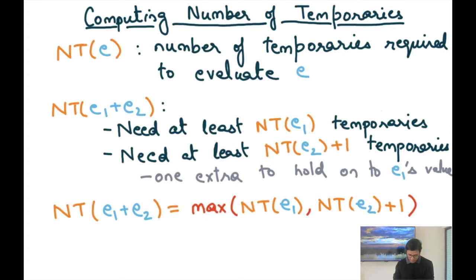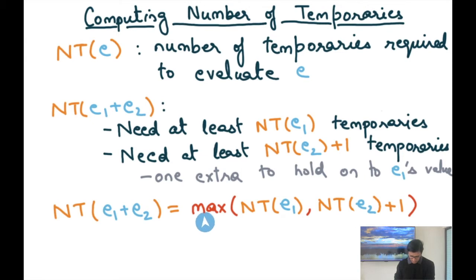All right. Why maximum? Because while I'm computing e2, I don't need to hold on to the temporaries that were used within the evaluation of e1. So that's the reason for max, because whatever are the temporaries that have been used for e1, I'm going to be able to reuse them during the computation of e2, except for one extra space that I need to hold on to the return value of e1.